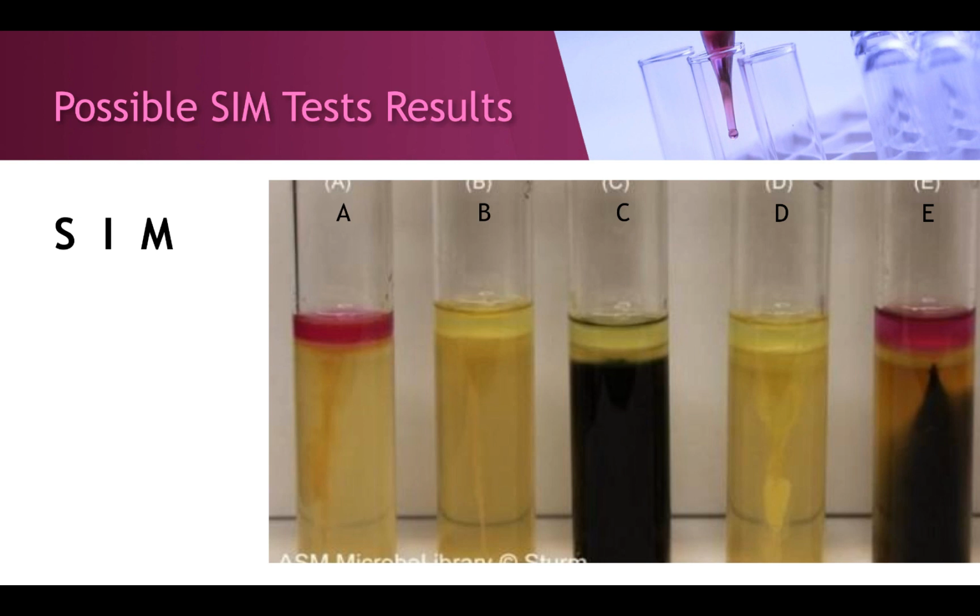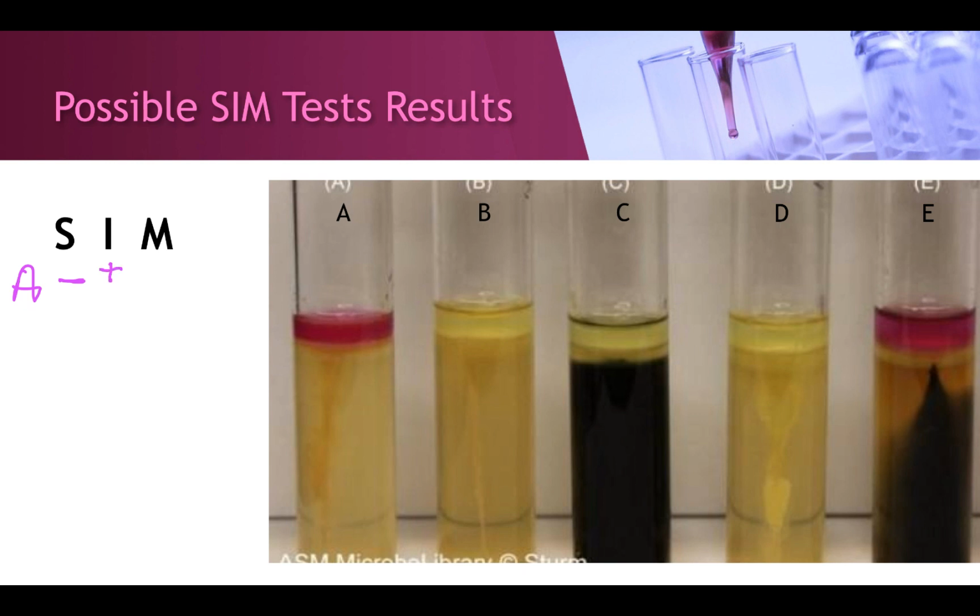Now let's get some practice with being able to read different types of results that we can get from the SIM. In tube A, we don't see black precipitate. This means that in tube A, it is negative for sulfur reduction. However, we do see the red layer, so that means it's positive for indole.